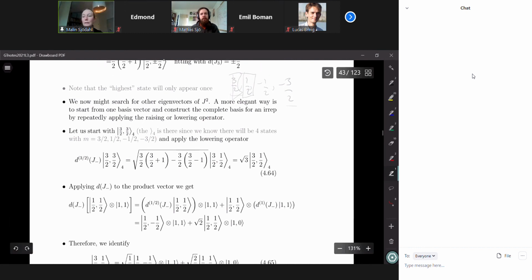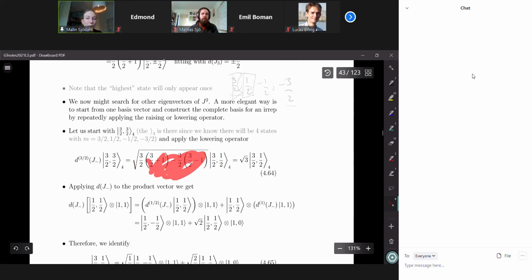Okay, so now let's act with J minus here. So J minus on this state. Then I have this factor here from the equation we had before with the J minus. So it was a square root, and then the state with m one lower.